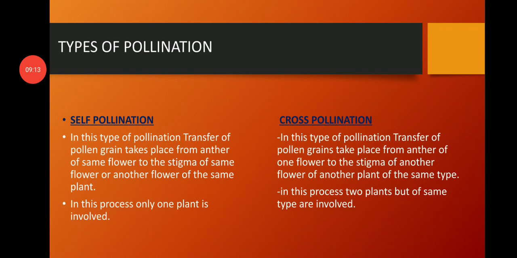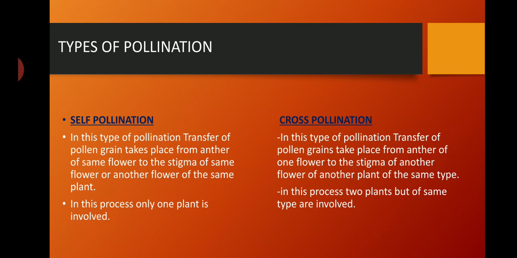Coming to the second type of pollination, that is cross-pollination. In this type of pollination, transfer of pollen grains takes place from anther of one flower to the stigma of another flower of another plant but of same type. So in cross-pollination, cross means interchanging of the pollen grain.